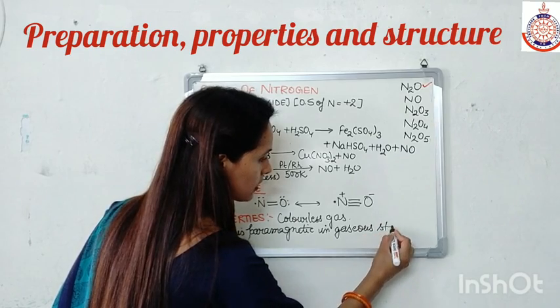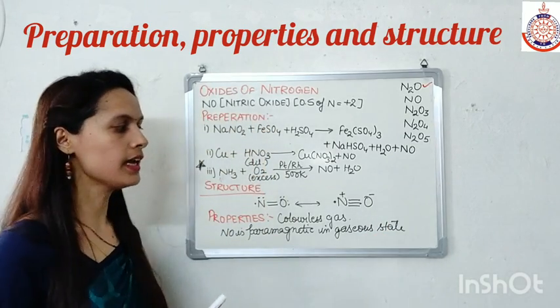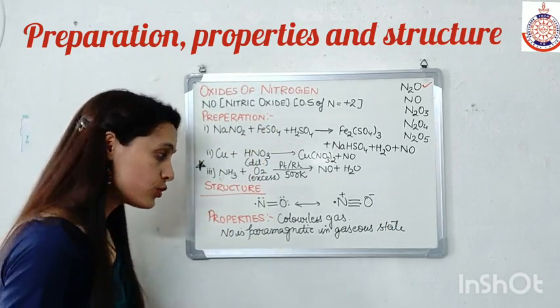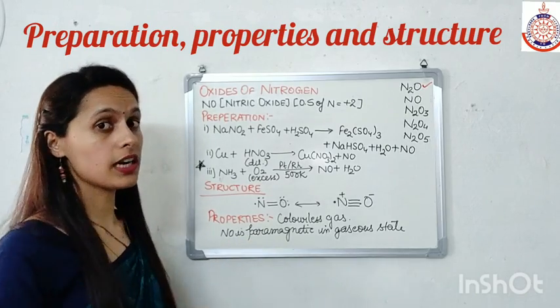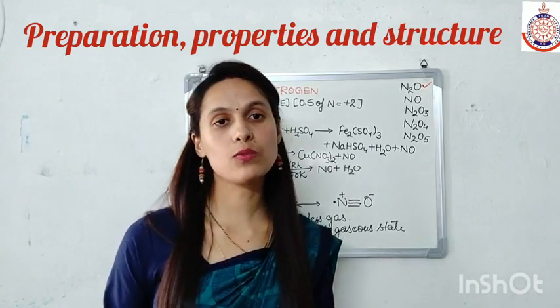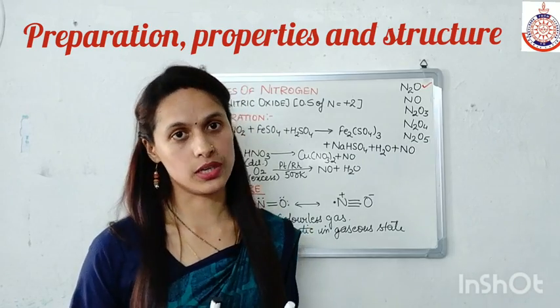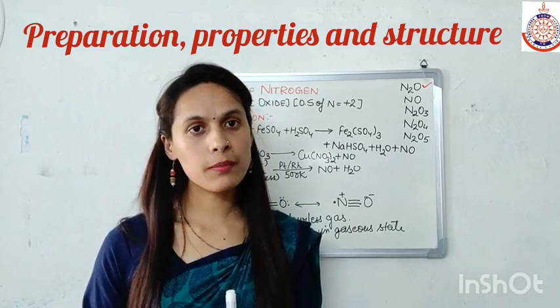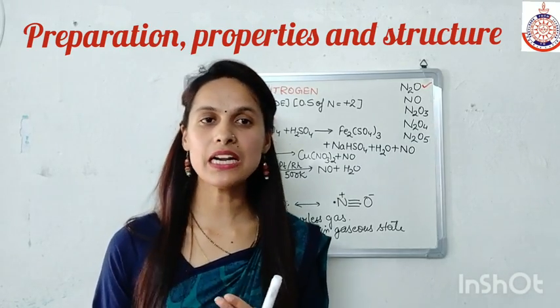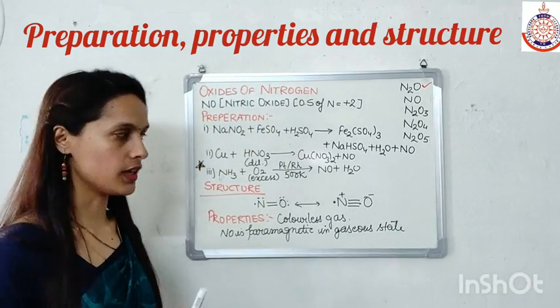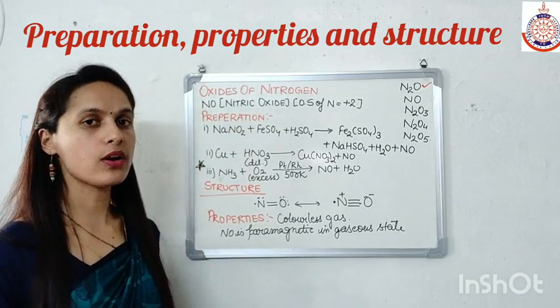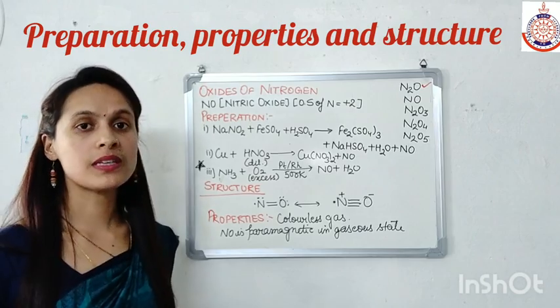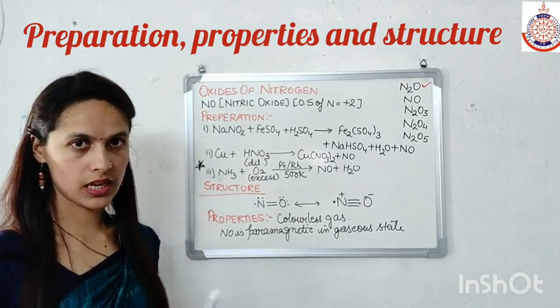Due to the paramagnetic nature, it reacts very rapidly with oxygen and chlorine, and when it reacts with chlorine, it forms nitrosyl chloride.